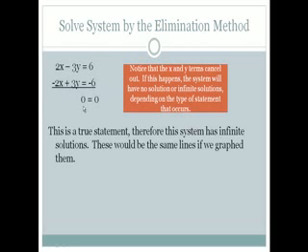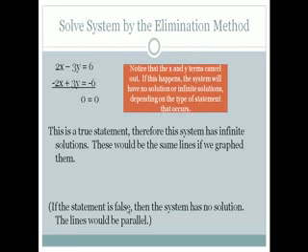Now, if the statement right here had ended up being false, maybe it said 0 equals 5. Well, 0 would not equal 5. So if your statement happens to be false, then the system has no solutions. That means that our lines, when we graph them, would actually be parallel. They would have no point in common.